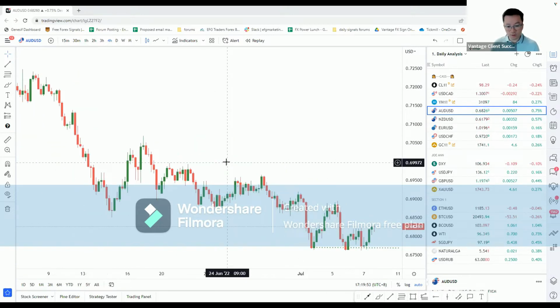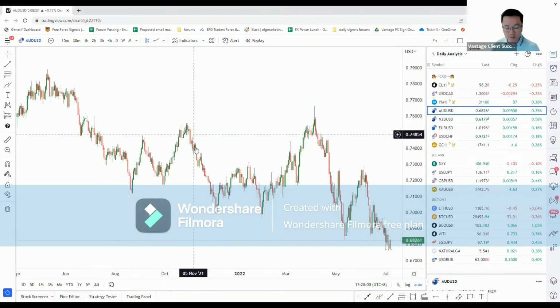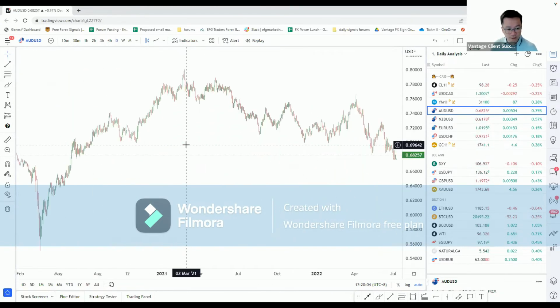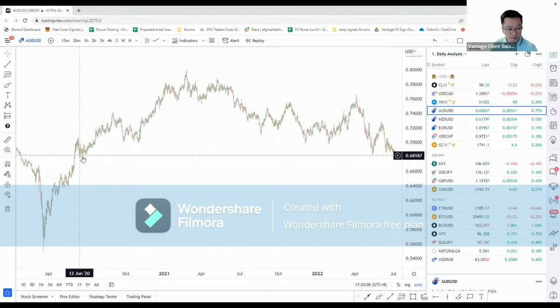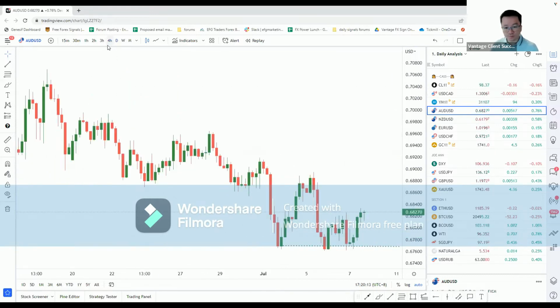If I zoom out, you can see this is a very low level. Even on the daily time frame, it hasn't been tested lower for a very long time, way back in June 2020. So it's a very strong support level at this point.